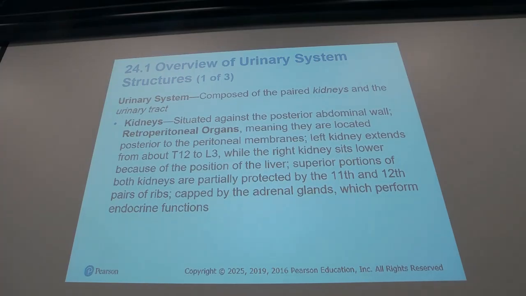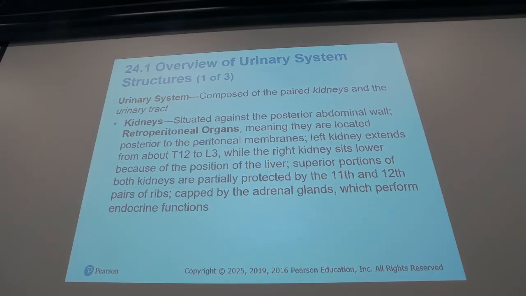Now, the kidneys are protected partially by the 11th and 12th ribs, which are the floating ribs, but also by a muscle that we have between these lower ribs, the 12th rib, and the iliac crest, which is the quadratus lumborum.